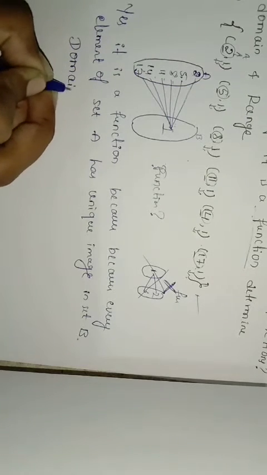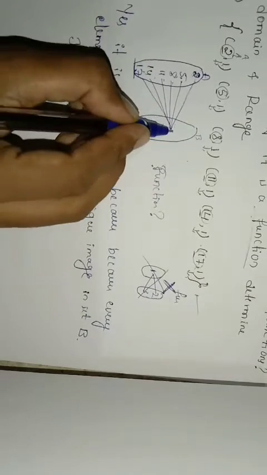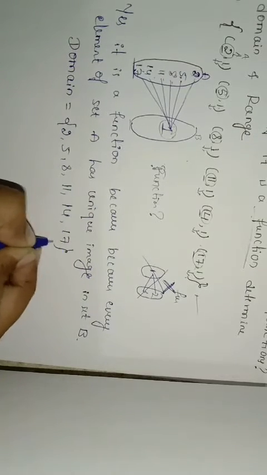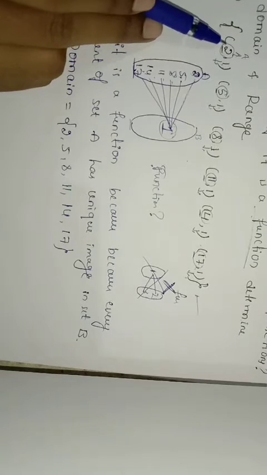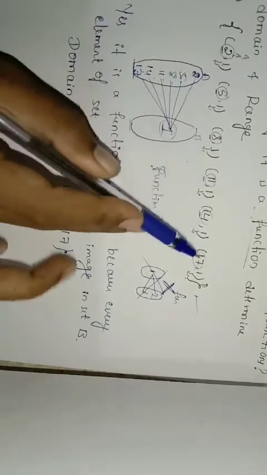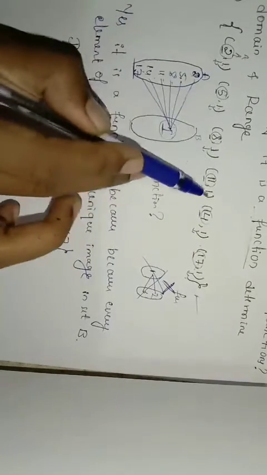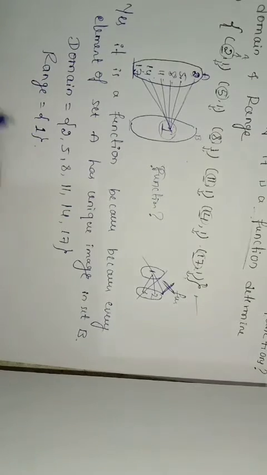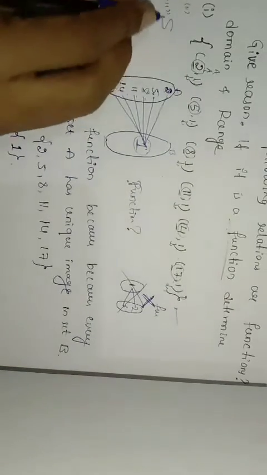The domain will be 2, 5, 8, 11, 14, 17. Once it is a function, the first elements in the ordered pairs will be the domain, and the second elements will be the range. So the range of this function is the singleton set {1}. This is the answer for this question.